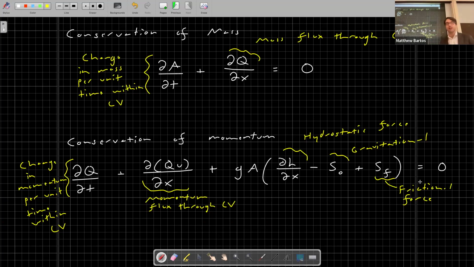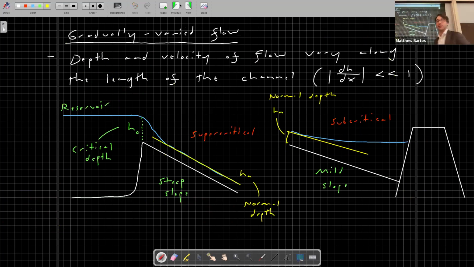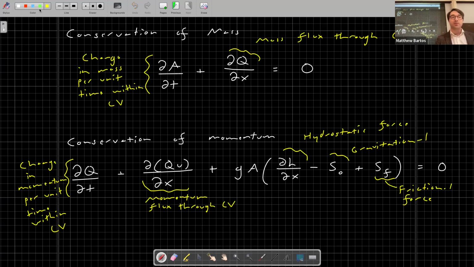So we're talking about a water surface profile that is changing along the length of the channel, but is not changing in time. For that reason, we can get rid of all of the unsteady terms. So we're looking at a steady state problem. So this dA by dt goes to 0, and this dq by dt goes to 0.